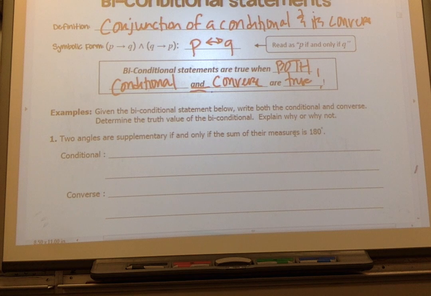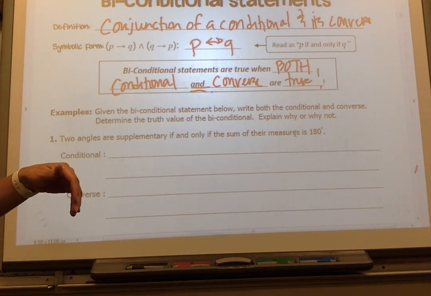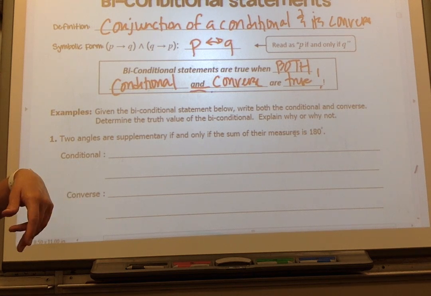And the truth value here is true. Both of these statements are true. So go ahead and practice writing these statements up until number 4. Okay?